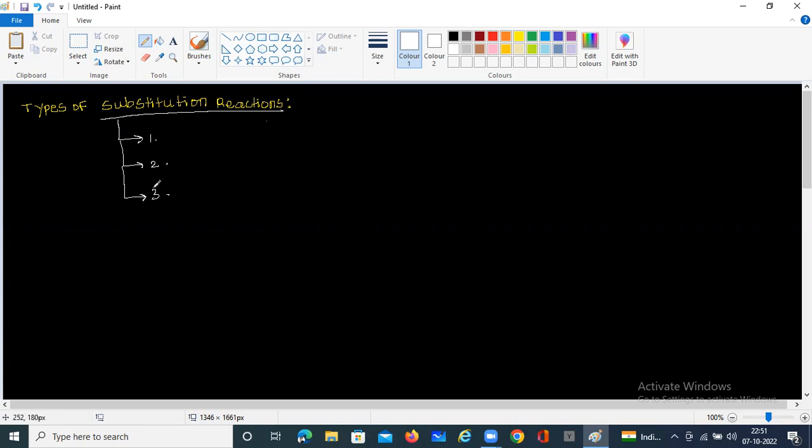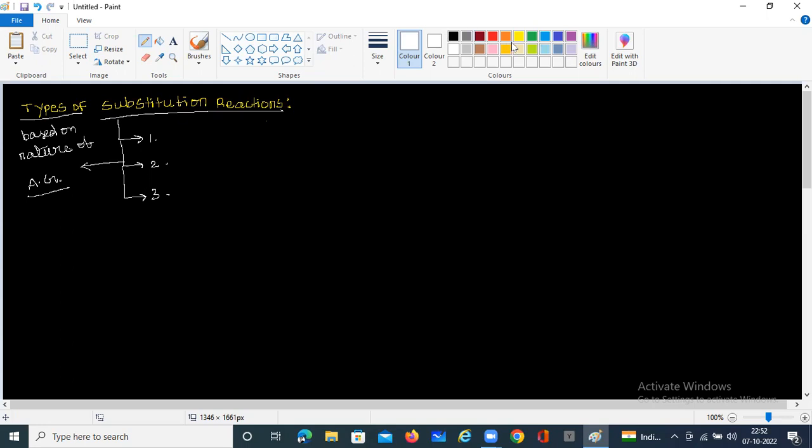They are classified based on the nature of the attacking species, otherwise called the attacking group.